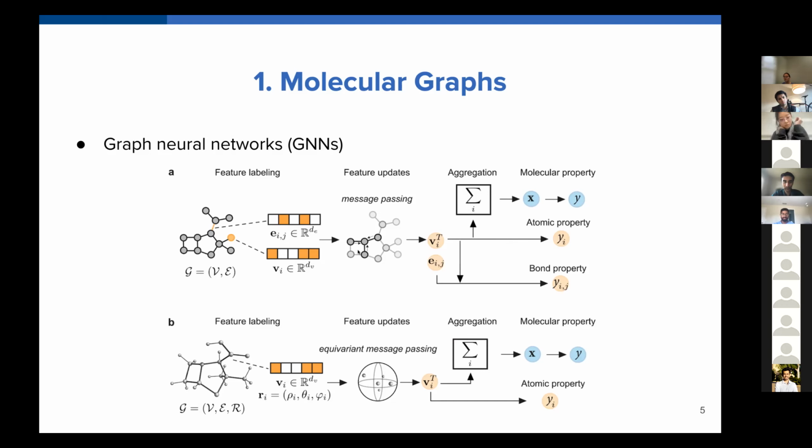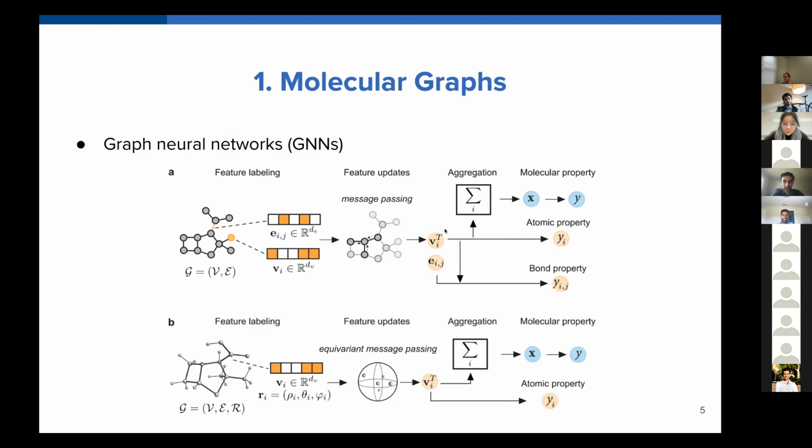Then we aggregate the processed messages from the neighbors, and we do this neighborhood aggregation for multiple iterations. What we end up with is a set of node features and edge features that not only incorporate information about the node and edge themselves, but also information about the neighboring nodes and the overall geometric structure.